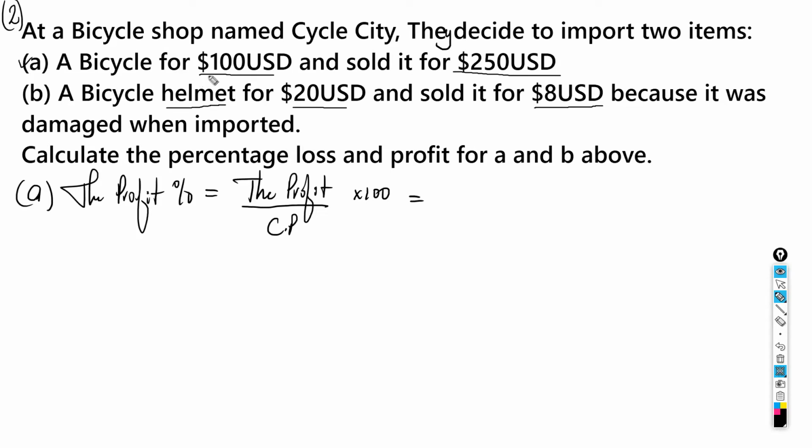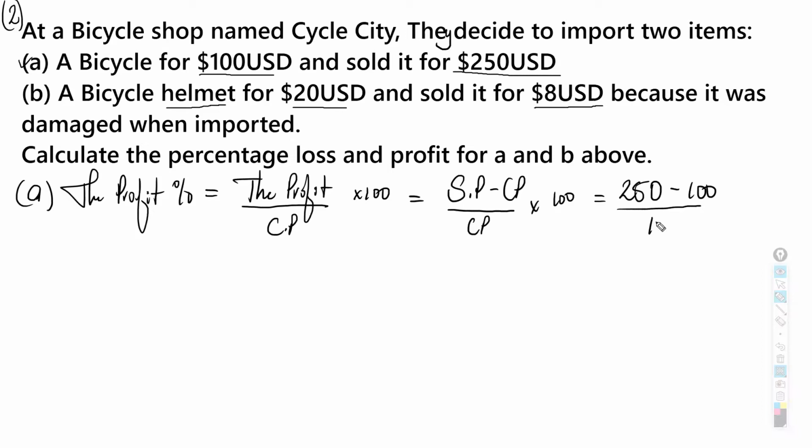The cost price is $100 because they bought it for $100, and the selling price is $250. And remember, the profit is equal to the selling price minus the cost price, and this is over the cost price multiplied by 100. So this should be equal to 250 US minus the 100 US all over the 100 US, which is the cost price, multiplied by 100.